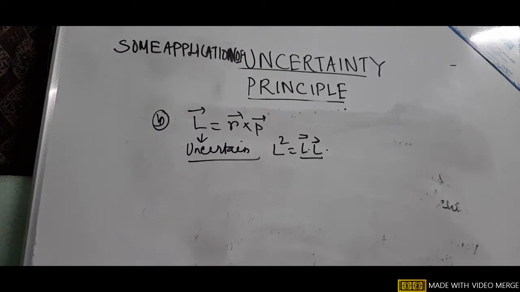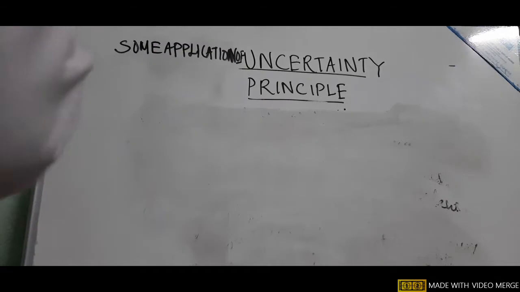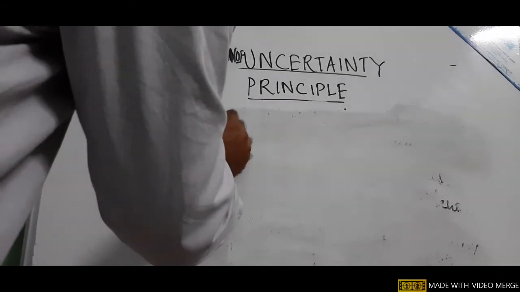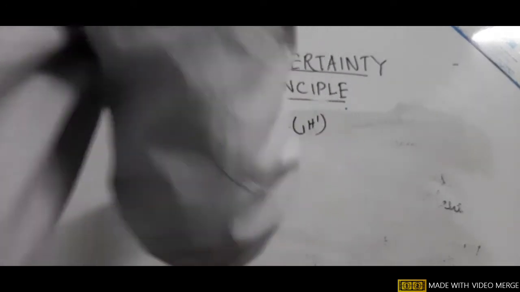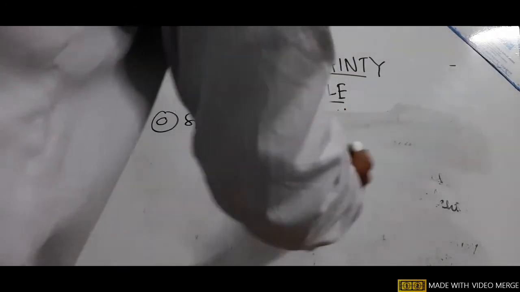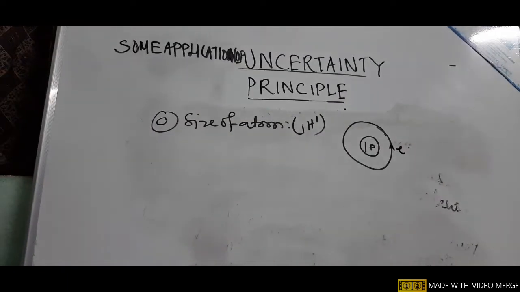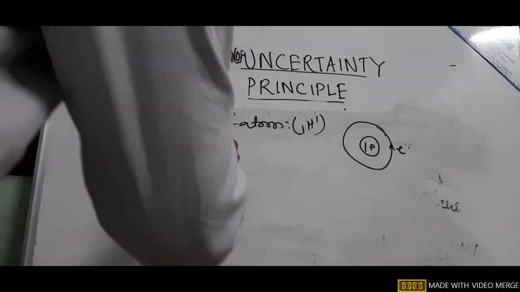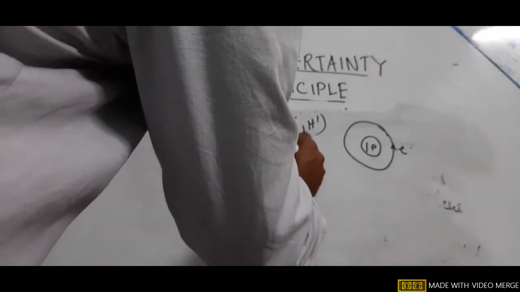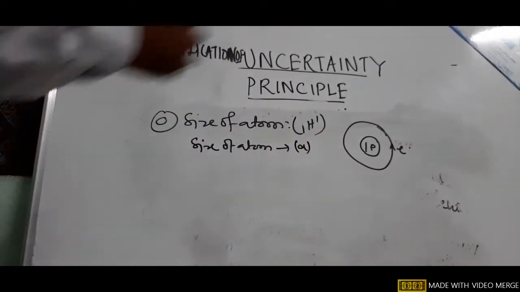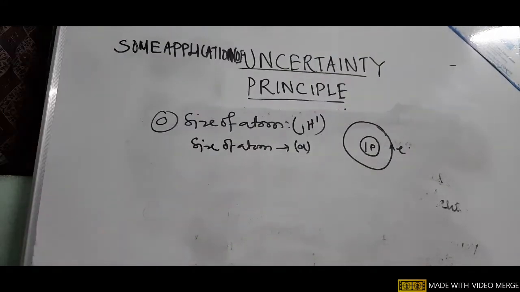Next we come to how to find out the size of the atom. In this application, let us take the hydrogen atom, the simplest one, 1H1, in which there is one proton and one electron revolving around the nucleus. Let us take the size of the atom equal to a, the diameter of this circular orbit.